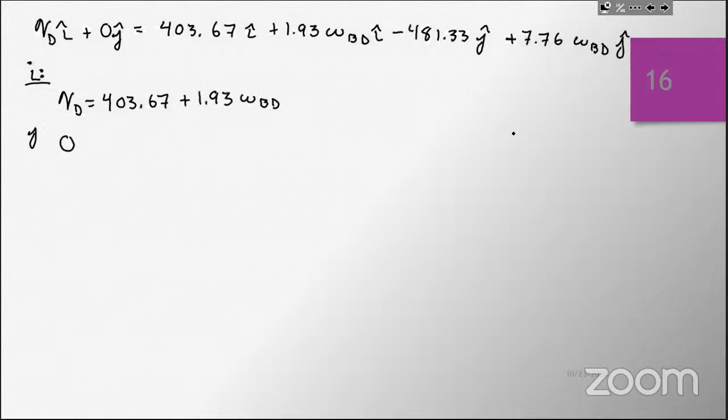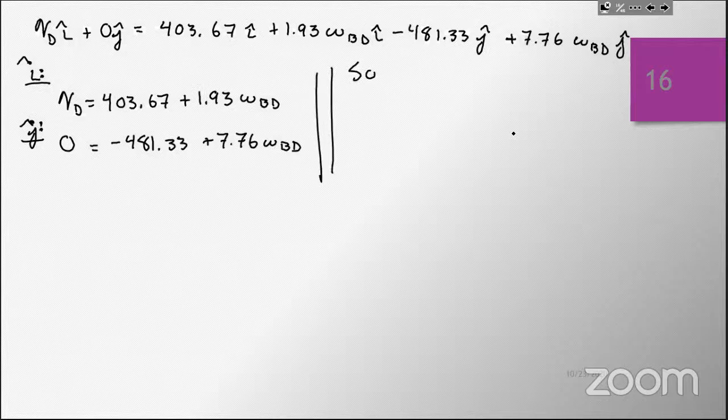And if we look at the J direction, sorry, in the J direction we get 0 is equal to negative 481.33 plus 7.76 omega BD. I'm going to solve those.